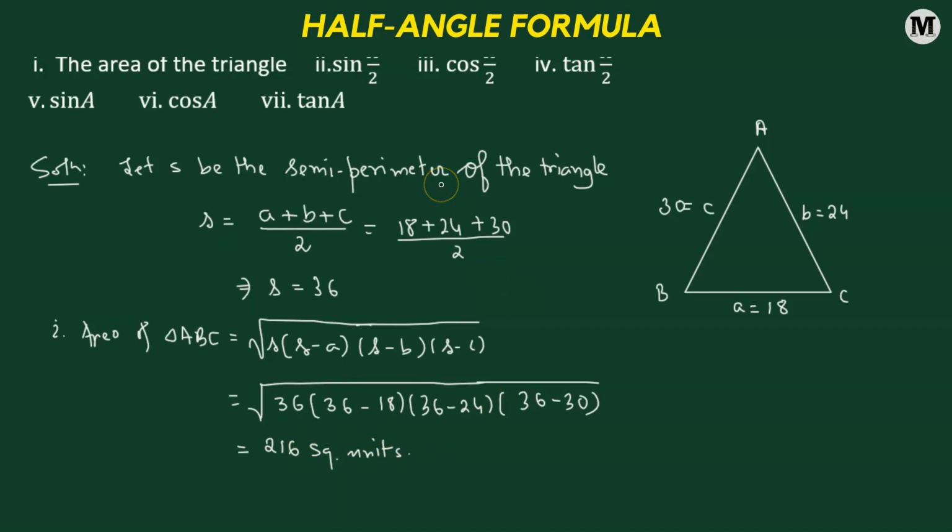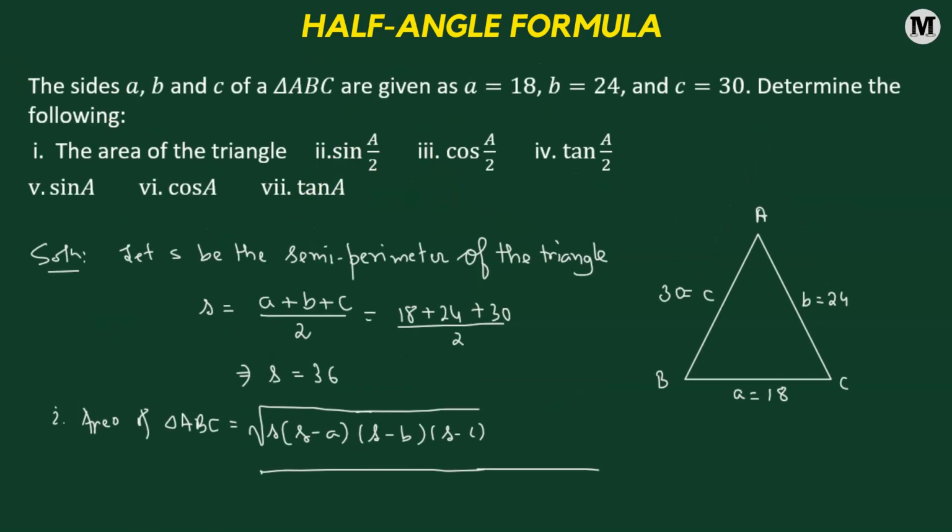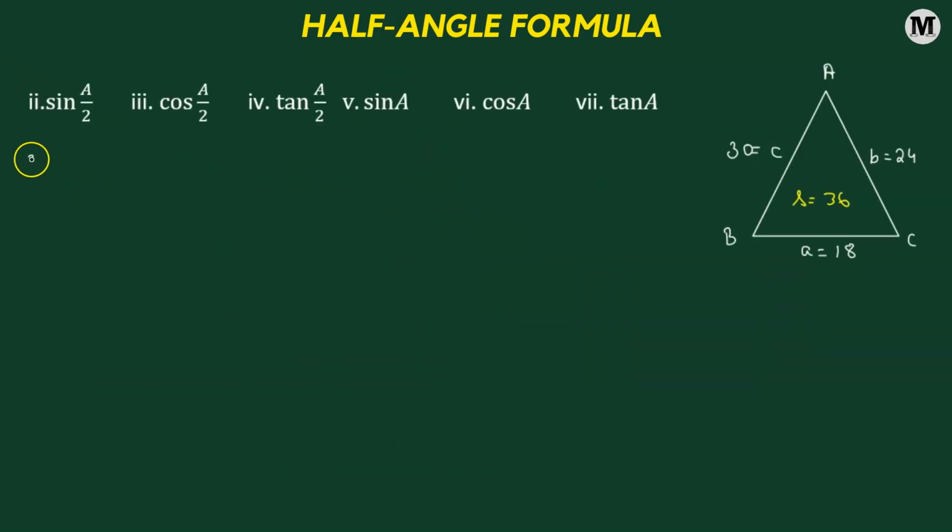Now we'll try to find out the remaining trig functions. Let's find out the value of the trigonometric function sine of angle A over 2. Now there's a standard formula. We have already derived it. It's given by the square root of (s minus b) multiplied by (s minus c), whole divided by bc. Now let's substitute the values for a, b, c as well as s.